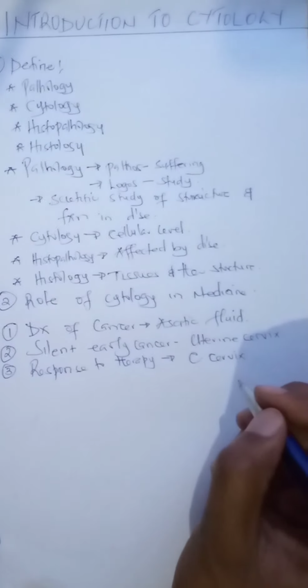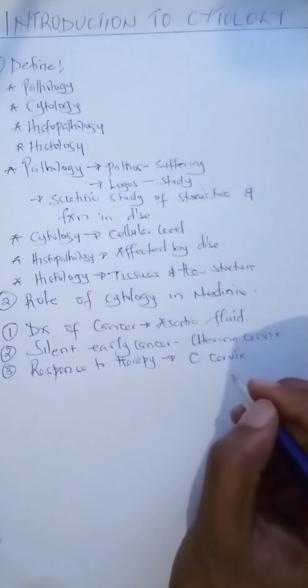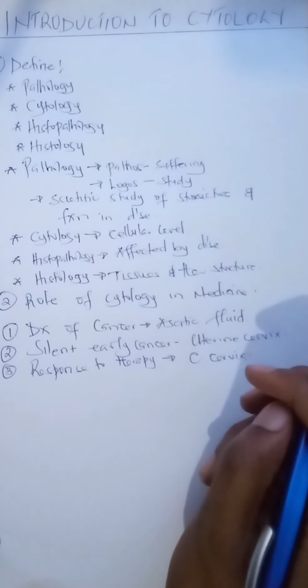So in this case, if a patient is diagnosed with cancer of the cervix and is initiated on radiotherapy, we can monitor response to therapy by using cervical smears. So a cervical smear is picked and examined to check whether there is a change or response to radiotherapy.